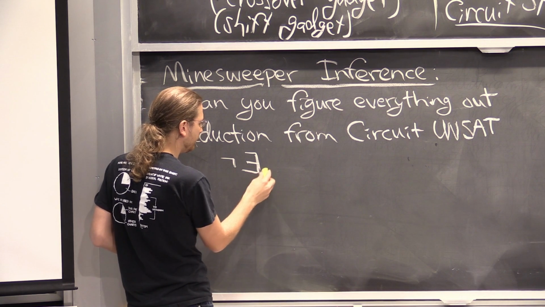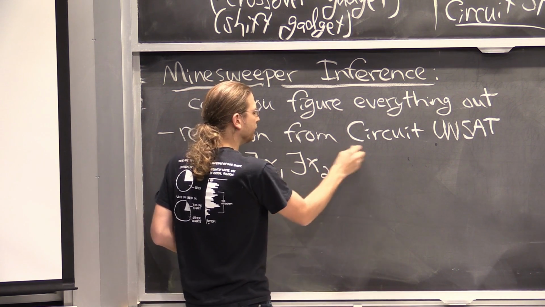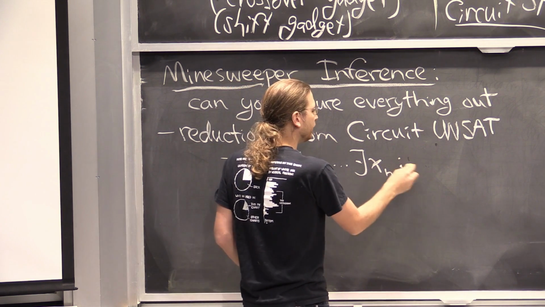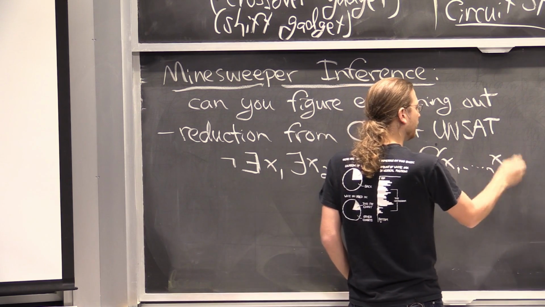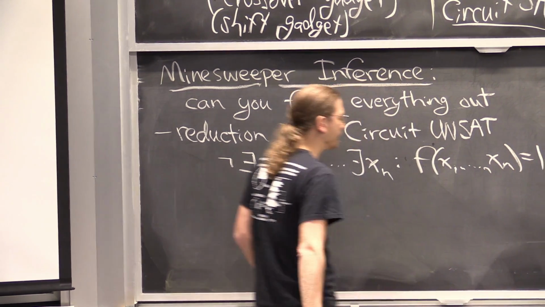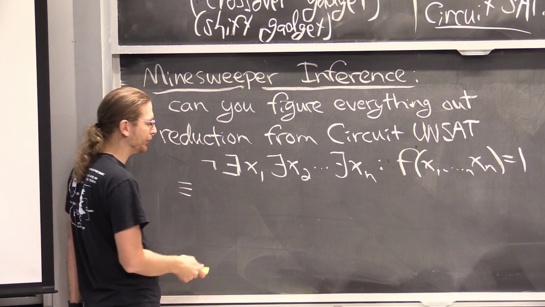There does not exist choices for the xi's such that f of the xi's equals 1. If we do some sort of, I don't know if this is called De Morgan, probably not.